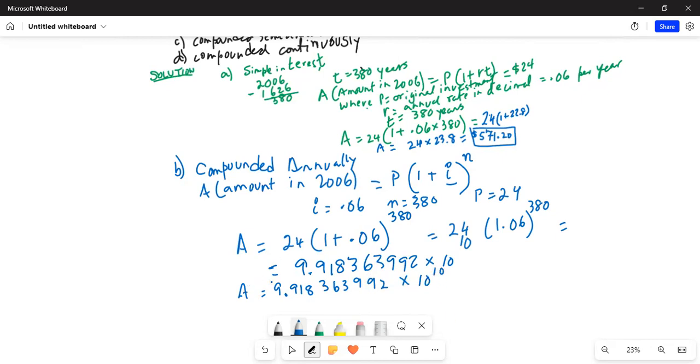A huge amount. So that would be the investment worth in 2006 when it is compounded annually.